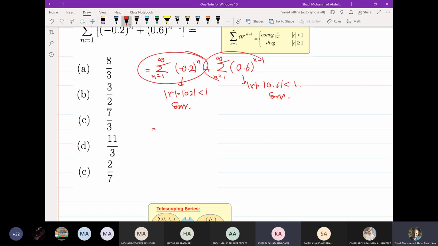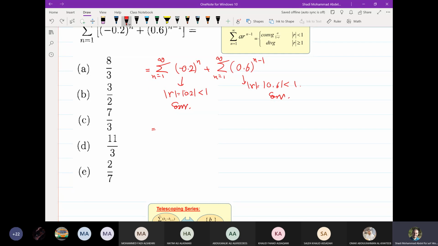Because this is geometric, for the negative 0.2 to the power of n, you can take one term out, which is negative 0.2, and then make it negative 0.2 to the power of n minus 1. You can, but also this one in its form is geometric.